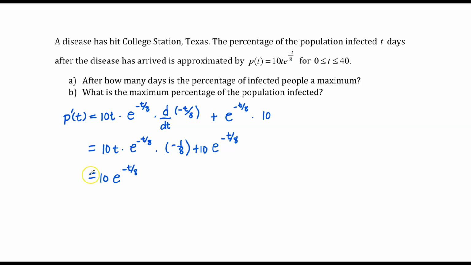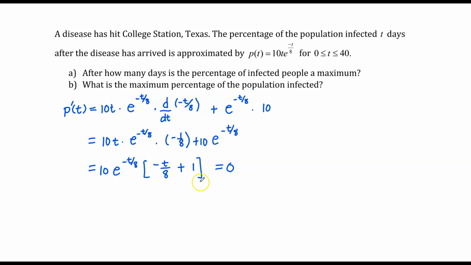So 10 times e to the negative t over 8 is a common factor, and then we're left with t and negative 1/8. So that gives you negative t over 8 plus, now this whole thing here is factored, so we're left with 1. So plus 1. And then you equate this to 0.